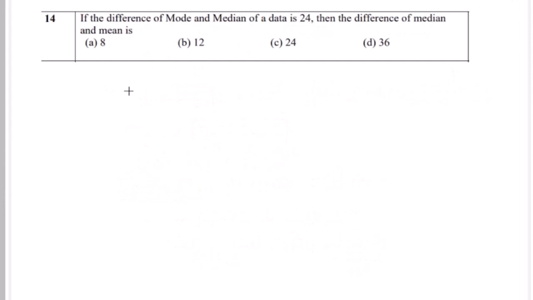Now the next question: if the difference of the mode and median of the data is 24. The difference means we can put minus here: mode minus median is equal to 24.